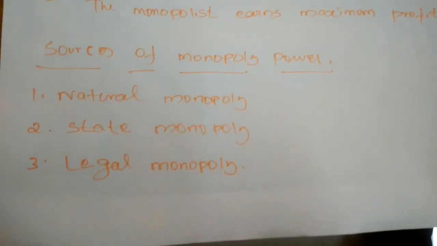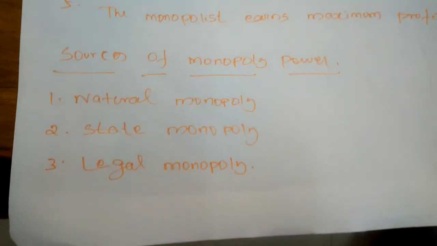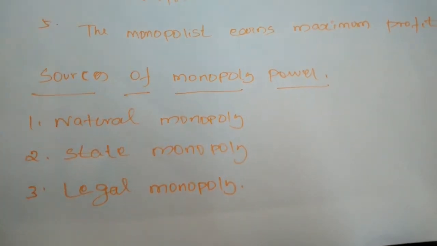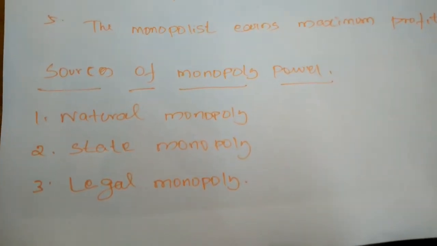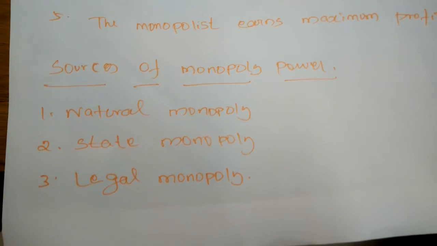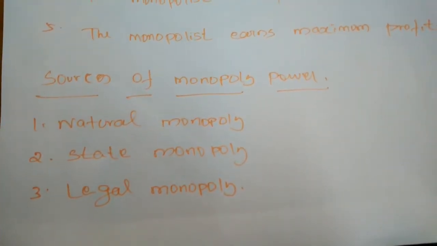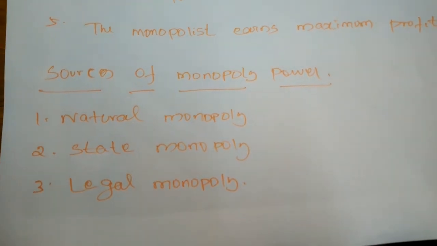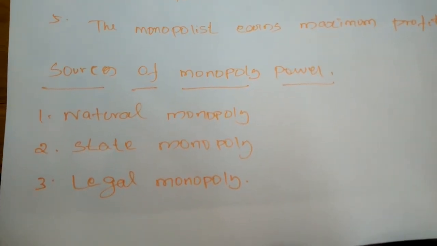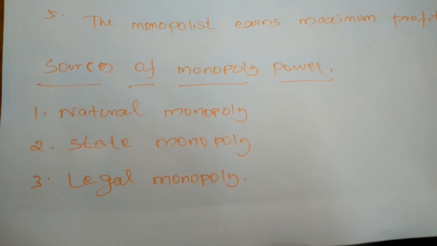Next, sources of monopoly power. Sources of monopoly power means on what basis one person or one firm or one nation can arise to create the monopoly market, or have the power to get the monopoly.